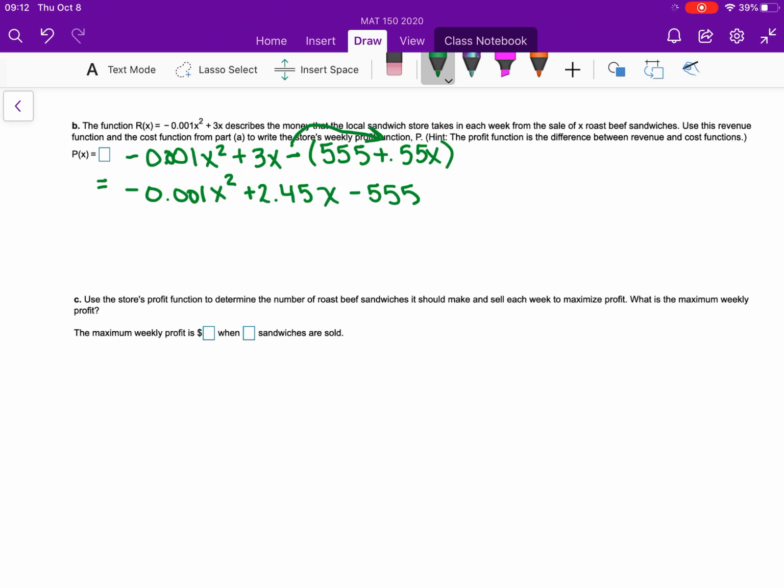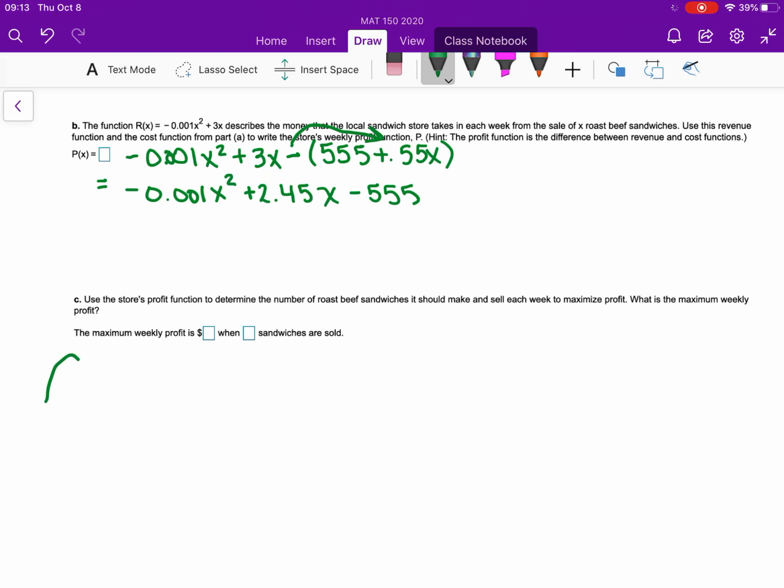All right, so now we're going to use that profit to determine the number of roast beef sandwiches it should make and sell each week to maximize profit. So here's the idea. If I make too many roast beefs, the 55 cents is going to get to me. If I don't make enough, then that $555 is going to get to me. So I want to maximize my profit. Like, where do I want to stand here with the bills that I have to pay?